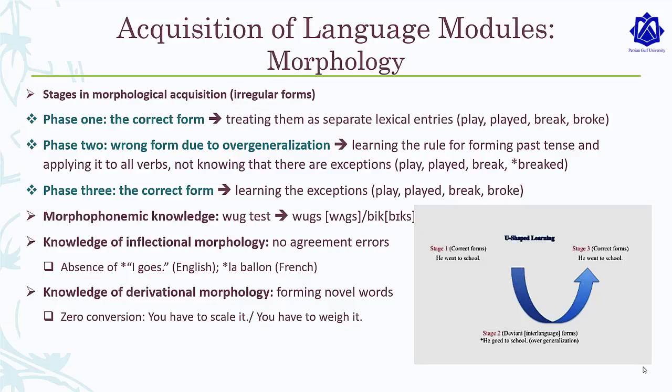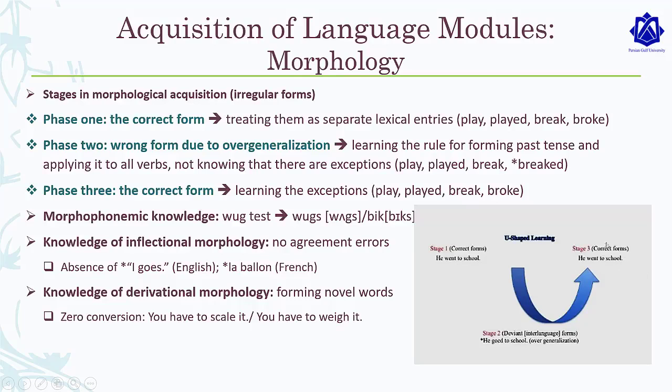Or in case of go, went, they start from this stage that they use the correct form. And then they go to stage 2 where they overgeneralize and they would say he goed to school. And then comes the last stage in which they learn the exceptions. They know that there are exceptions to the rules and therefore they would use the correct forms.